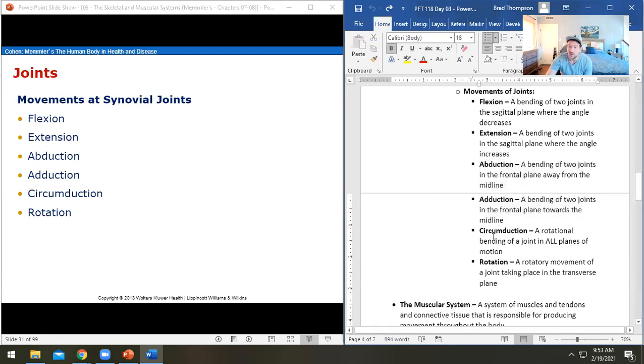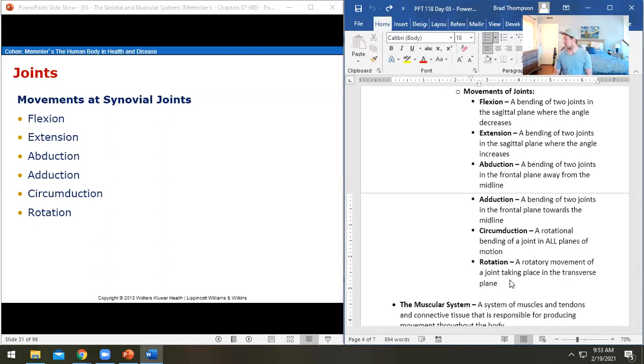And then we have what is called circumduction, which is a rotational movement that happens everywhere. Actually, why is circumduction next? Let's do rotation first. So there's also in the transverse plane, there's rotation. Rotation is a rotary movement, right? So this is neck rotation, right? This is right to left rotation.